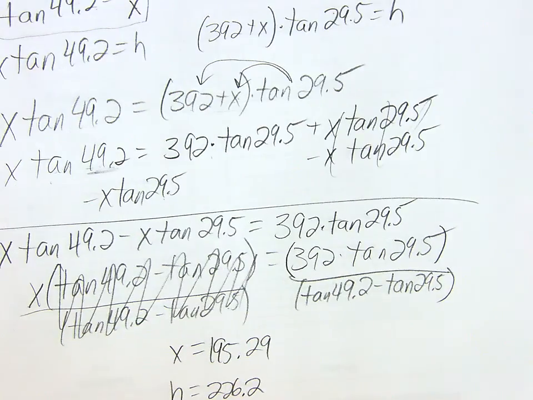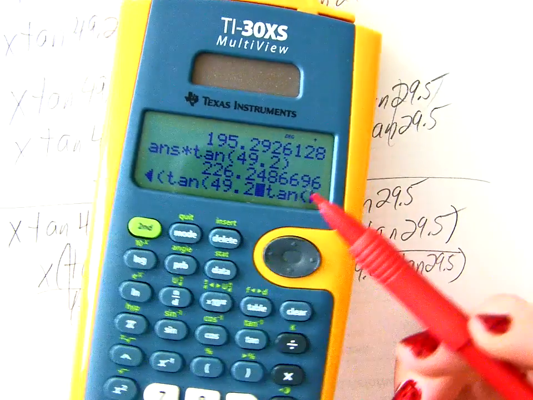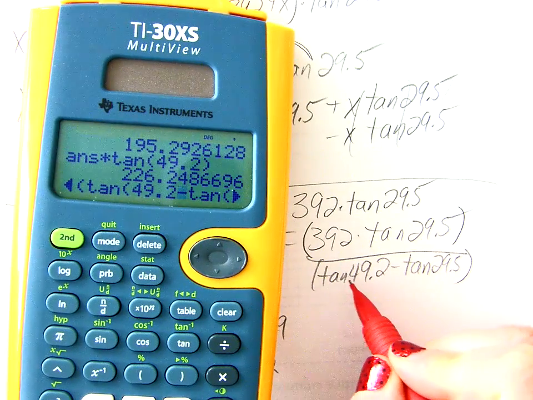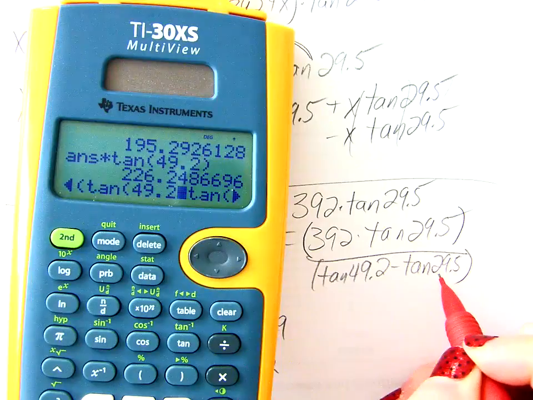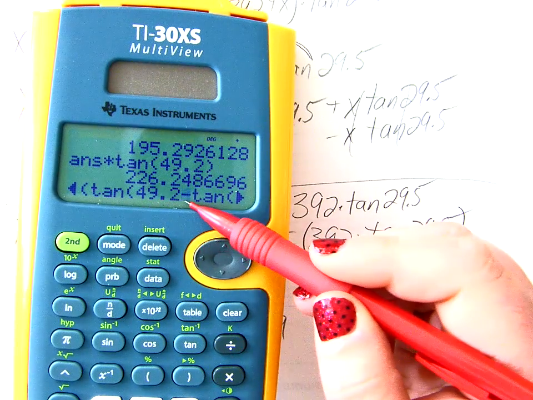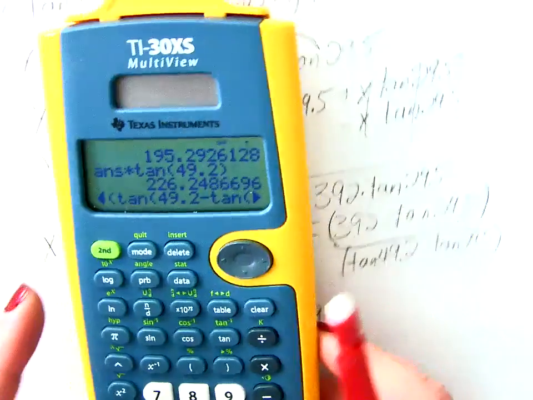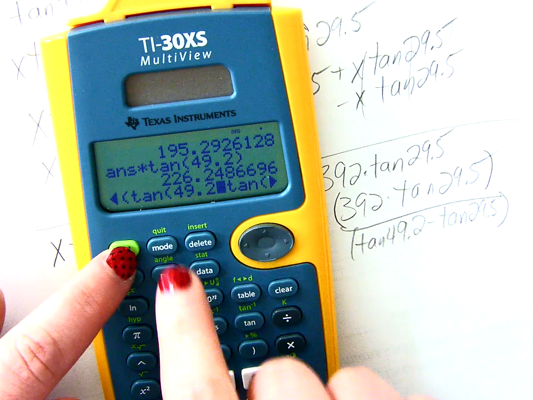You didn't. I did. So that means, Liam, you probably did the same thing. Look at my mistake right here. Where I'm typing in tangent 49.2 minus tangent 29.5, I failed to close the parenthesis after the 49.2. So I don't have to retype it all, I just got to insert it. There's an insert button right there.